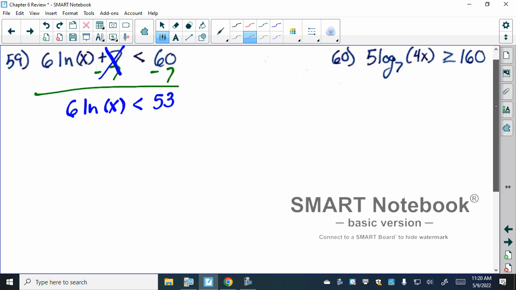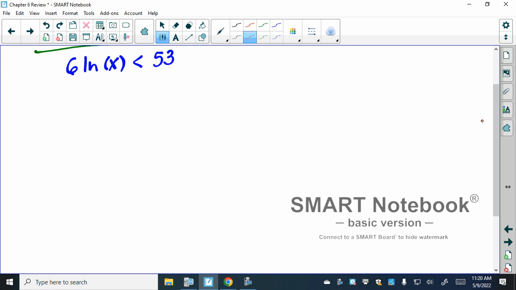The next thing we need to do in getting x by itself is divide both sides by 6, because here 6 divided by 6 is 1, telling us the natural log of x is less than 53 divided by 6.